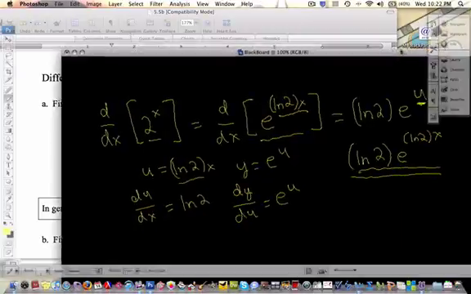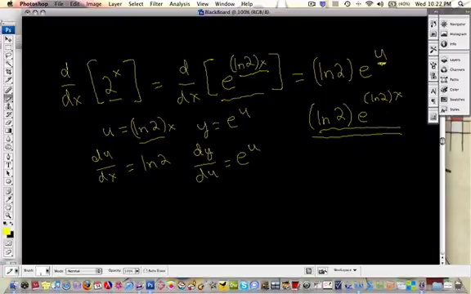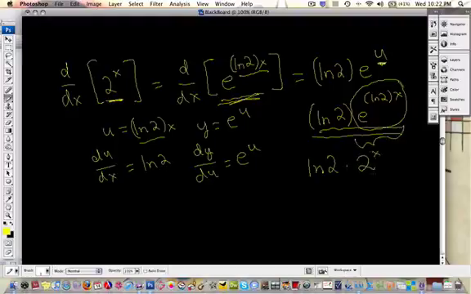Oh, well, I forgot to do one last step. They take this, and this is what I've written is correct, but this, remember, was 2 to the x. So it will look a little nicer if I write that as ln2 times, put it back in the original base it was. I forgot to do that. Whoops.